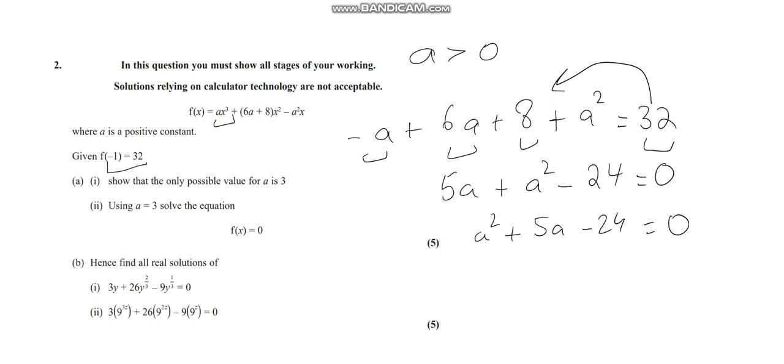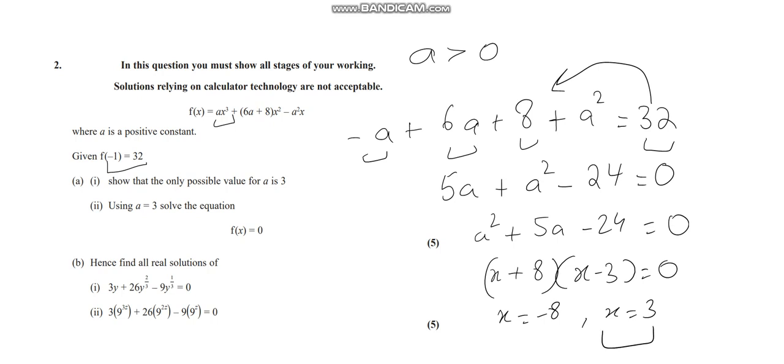What you can do is solve it using the discriminant method, or you can use the quadratic equation solver on your calculator. So we'll be getting a plus 8 and a minus 3 equal to 0. When we solve, we find a is equal to minus 8 and a is equal to 3.